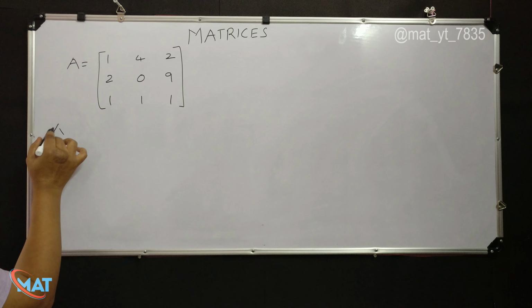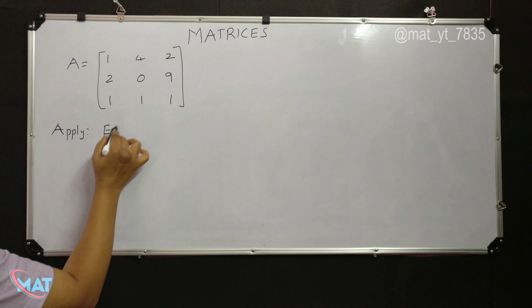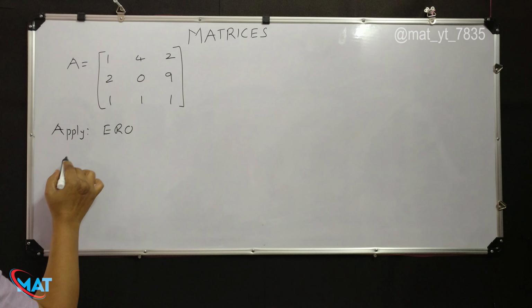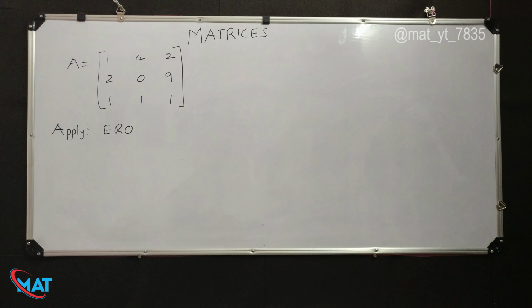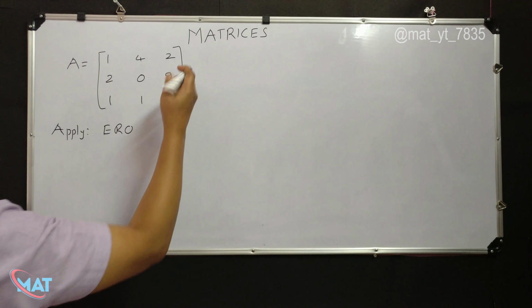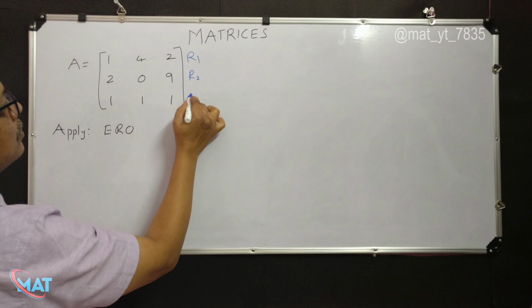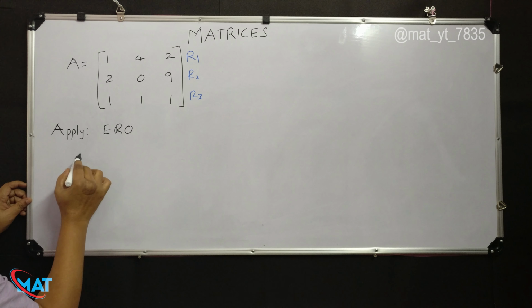Suppose I apply ERO. ERO means elementary row operation. So I would like to change the rows. Let us designate the rows here, because ERO means we have to operate on rows: Row 1, row 2, row 3. I would like to change row 2.